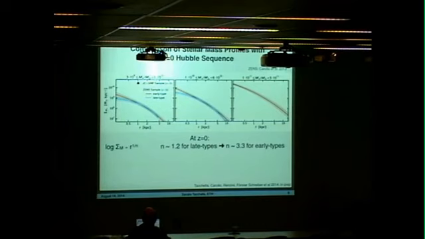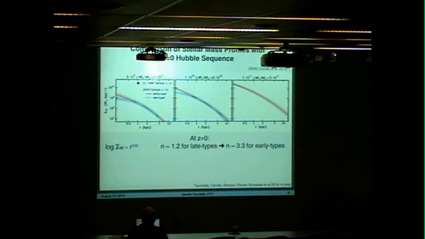So what does this steepness mean, and how do these values of the Sersic index compare to local galaxies? We can compare now to a local sample, the 10th sample, which was mentioned before by Marcella. I've split the sample into early type and late type galaxies, also here looking at the stellar mass density distribution.